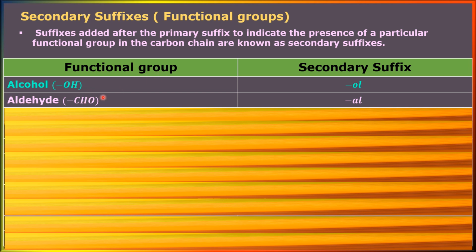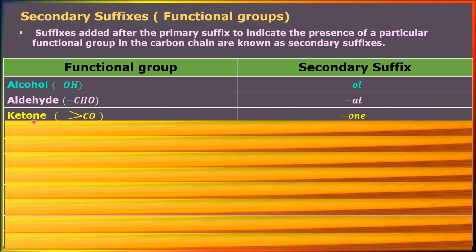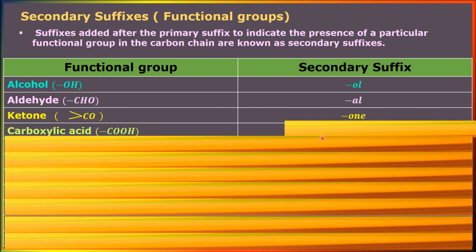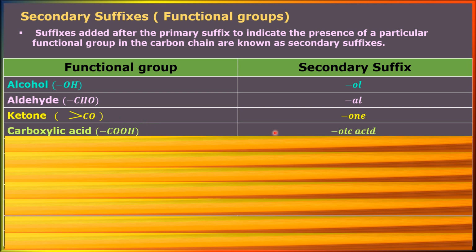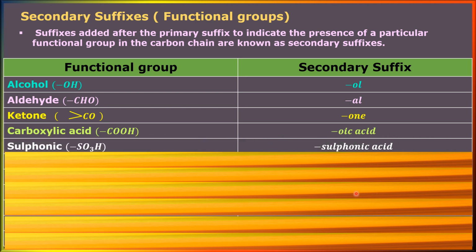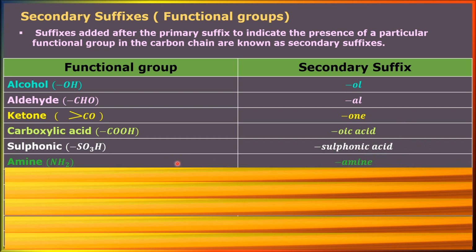Aldehyde, CHO functional group, and the secondary suffix used for aldehydes is al, AL. Next, ketone, one. Carboxylic acids, COOH functional group. The secondary suffix used for it is oic acid. Sulfonic acid, SO3H. The secondary suffix is sulfonic acid itself.